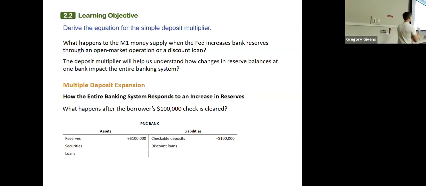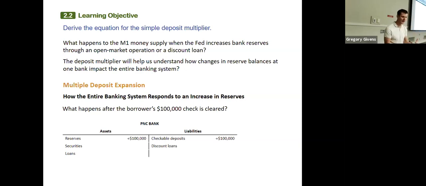Again, the money supply here has gone up by 100,000. Initially, it was 100,000 more in checkable deposits at Bank of America. Those fall, but they're matched by $100,000 of new checkable deposits at PNC. So the money supply has still only changed by 100,000 at this point in the example.